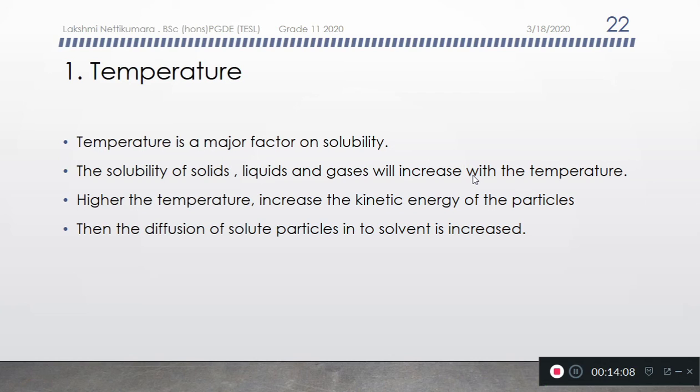So in the same manner, when we increase the temperature, that leads to increase the kinetic energy of the particle. That means particle motion increases. And as a result of that, it increases the diffusion of the solute particles into the solvent particles.